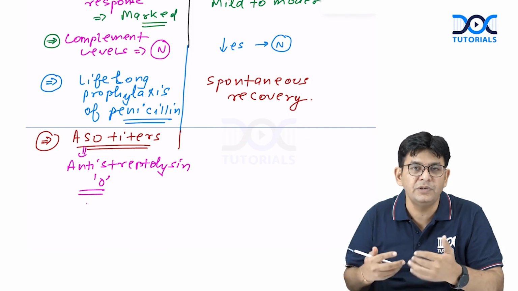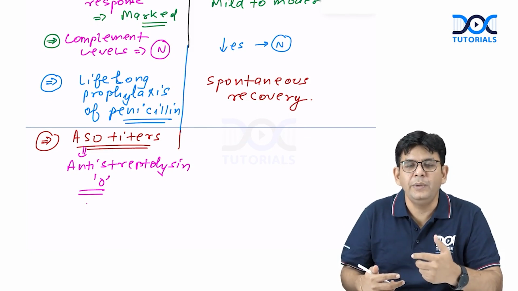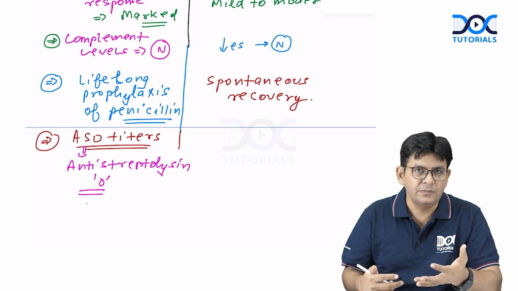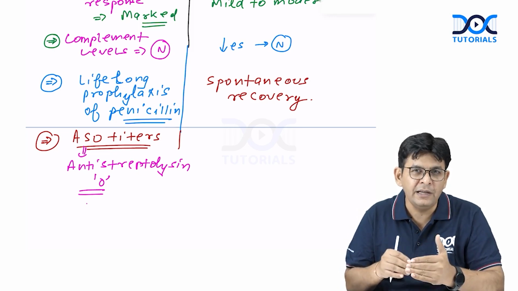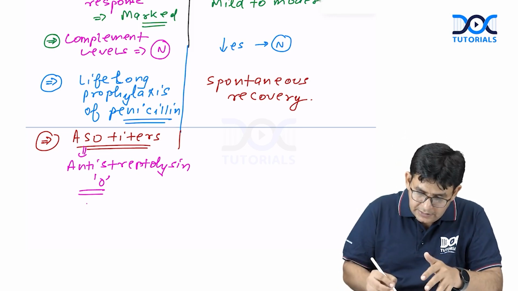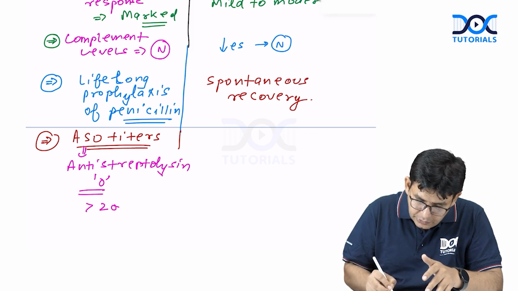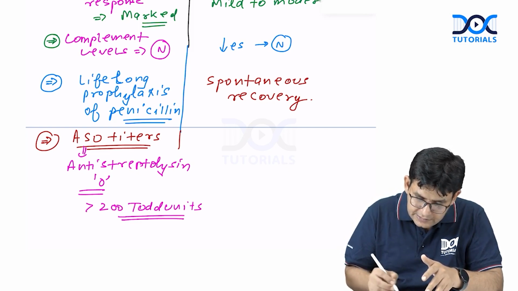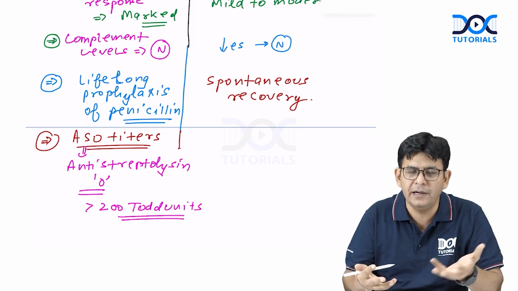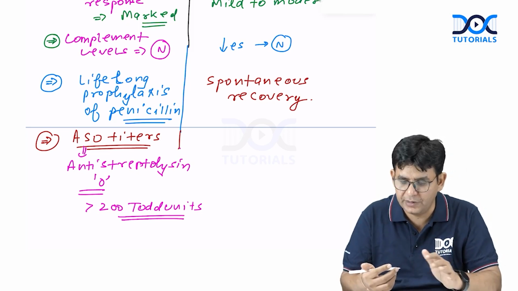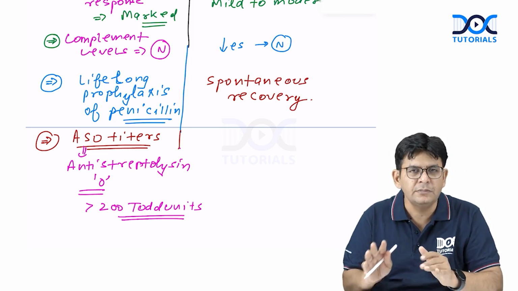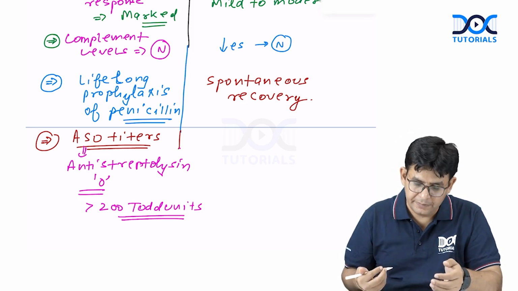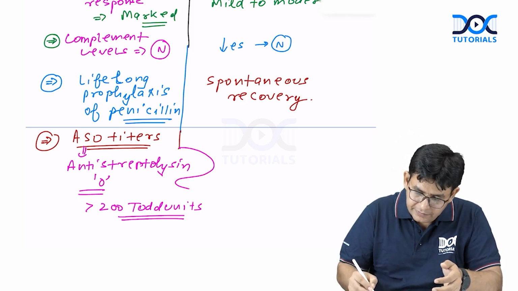Still, you should know which titers to look for in acute rheumatic fever. The answer is ASO, but they have significantly lost their relevance. ASO titers more than 200 Todd units might be related to acute rheumatic fever. It is not a confirmation, just presumptive.